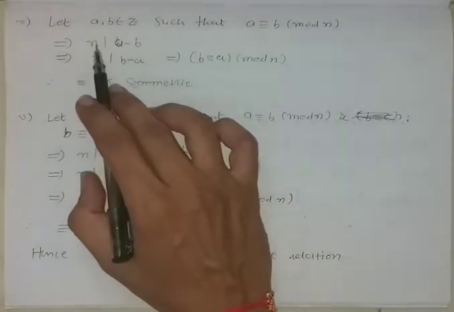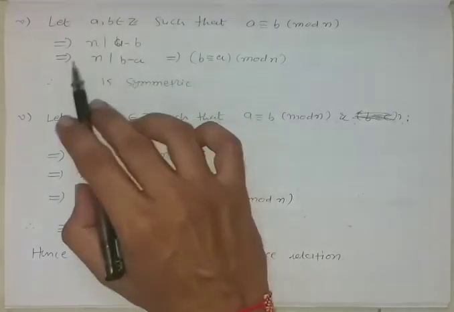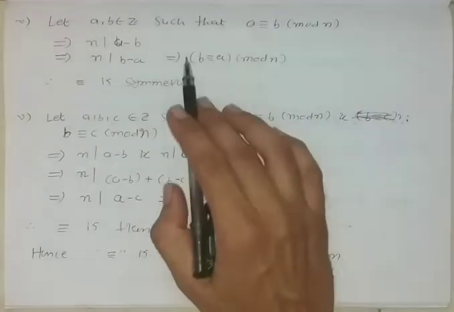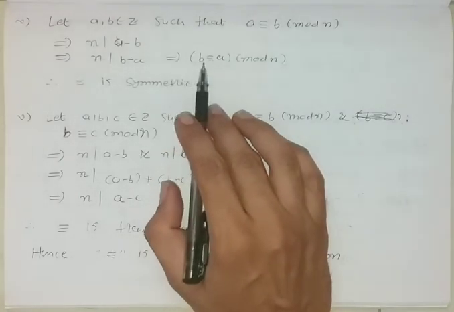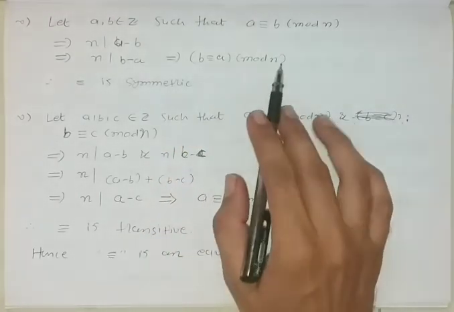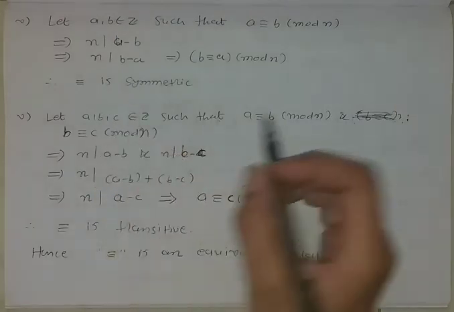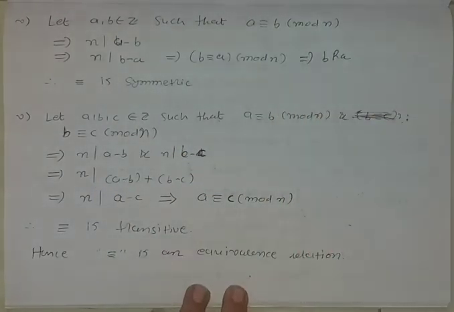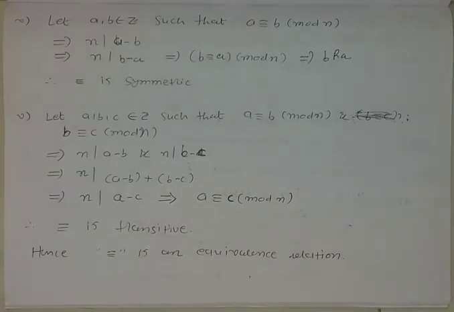So N divides A minus B, this implies that N divides B minus A, this implies that B is congruent to A modulo N. So B is related with A. So congruence modulo N is symmetric.